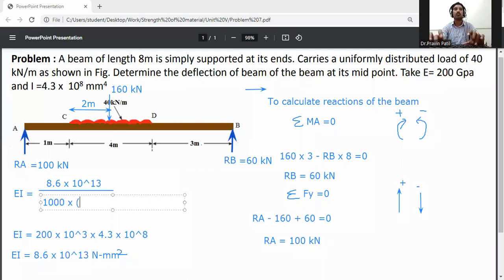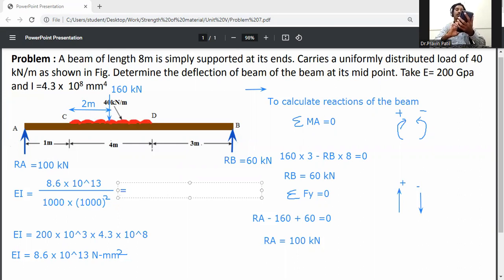Mm square to meter square, we need 1000 square. So it will get kilonewton per meter square. So 8.6 into 10 raised to 13 divided by 1000 into 1000 square.